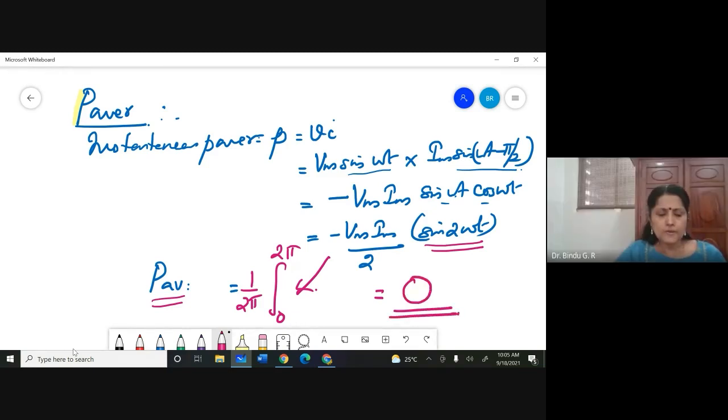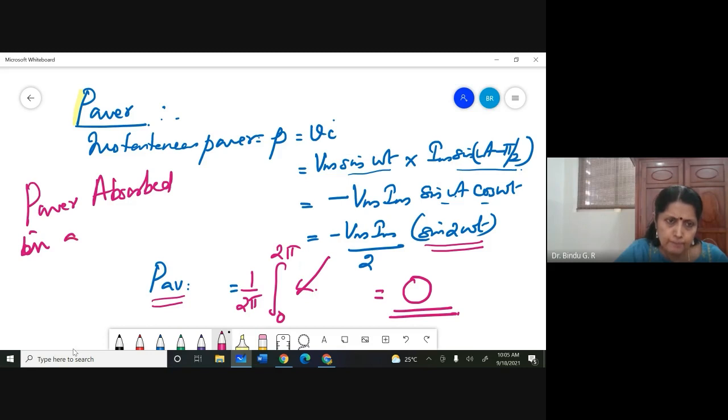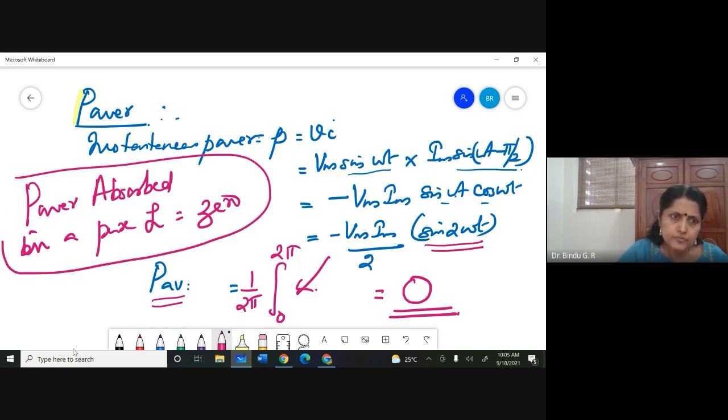What does that mean? The power absorbed in a pure inductance is 0.